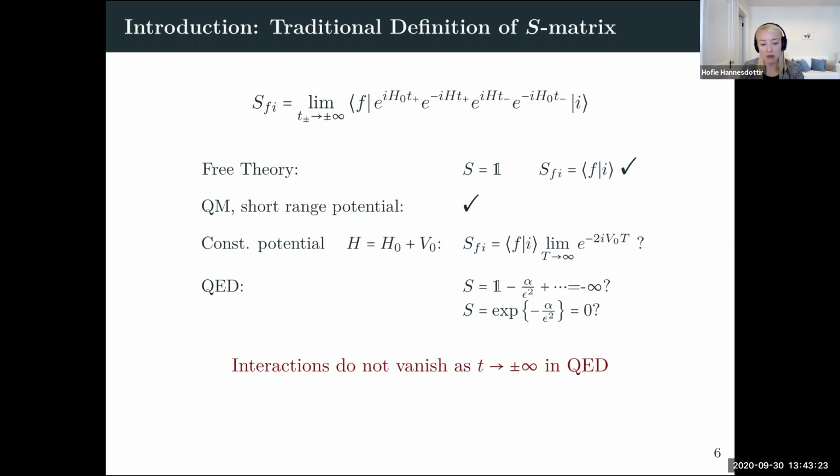And the problem, again, is that interactions do not vanish as time goes to plus and minus infinity in QED. So there is no time when, say, the electron stops radiating photons. So using this definition, where we assume that things evolve freely at asymptotic times, leads to these problems in QED.